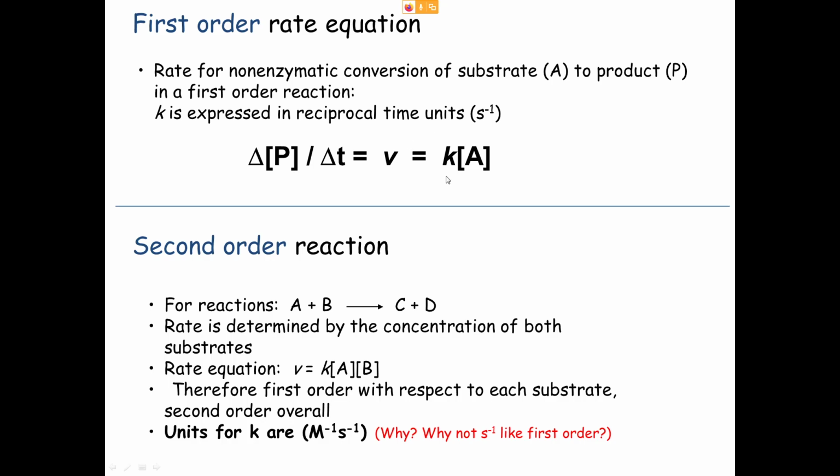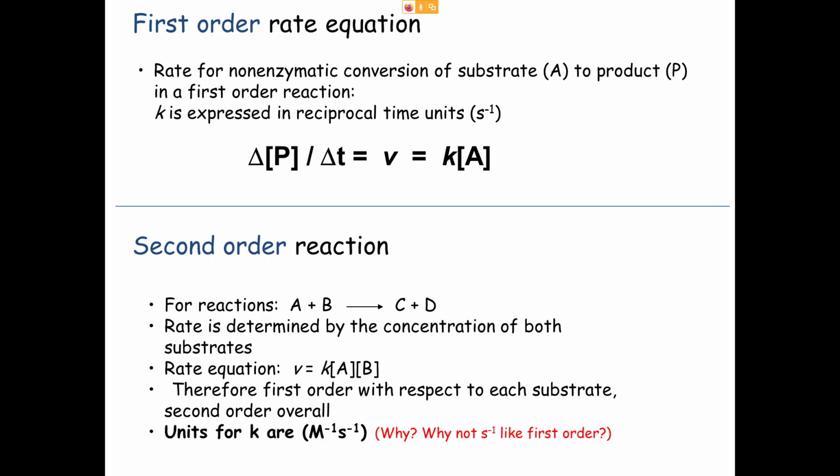It must be per second, because the velocity is in units of concentration over time. A is in units of concentration, so K must be in units of per time, or inverse seconds, or hertz. Okay, so here K is representing the proportionality constant, the rate constant, and its units would be per second, or seconds to the -1 is a way to write it.